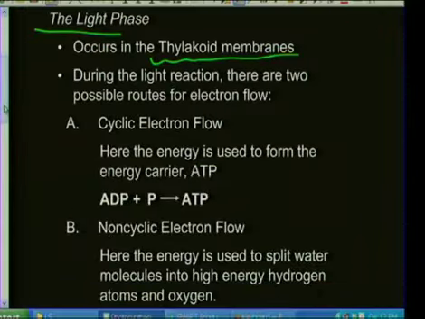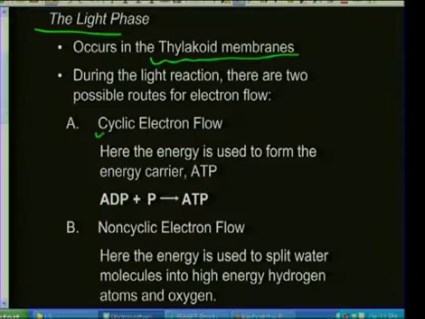What happens here? First of all, there are two possible routes. When the radiant energy is trapped, it can cause one reaction in one way, or it can cause another reaction in the other way. Obviously, both these things happen inside. The first one is called cyclic electron flow. The word cyclic tells you there's a cycle.